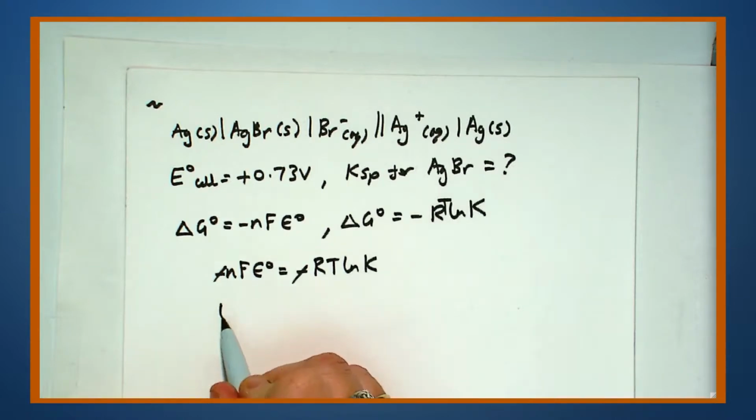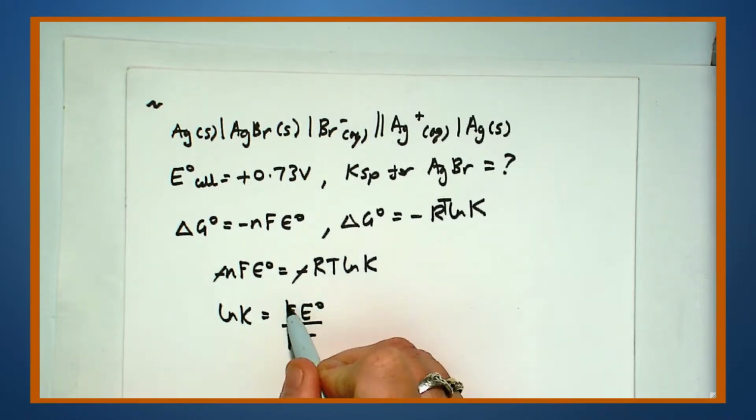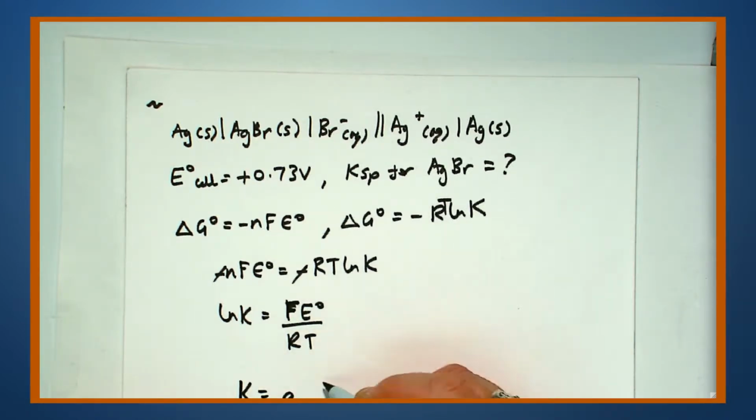And then we have natural log of K is equal to nFE standard over RT. And then, of course, we get K is e to the power of nFE over RT.